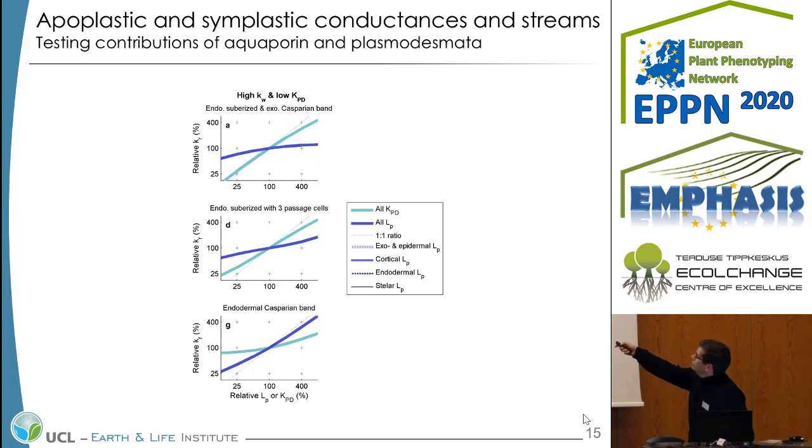That's a fully developed root. Here we have only the endodermal Casparian band, so we are very close to the meristem, the elongation zone. And here we have the endodermis suberized with a tertiary cell, which is intermediate. And we see that the contribution of plasmodesmata is essentially important in the more mature part of the root, whereas the contribution of aquaporins is more important in the young part of the root system.